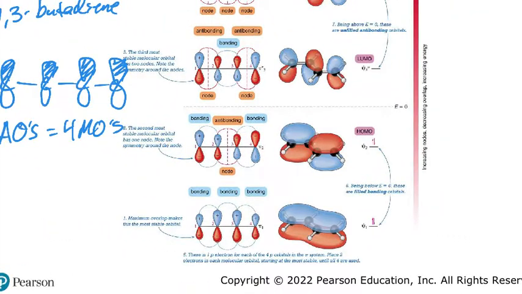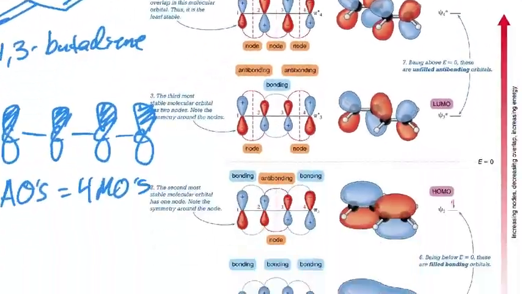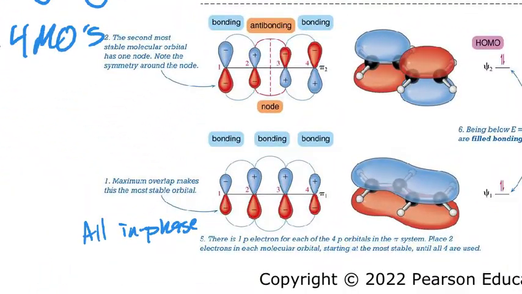Either they're all in phase, or they're all out of phase, or they're somewhere in between. All right, so when they're all in phase, the maximum overlap between the four orbitals, making this the most stable orbital.